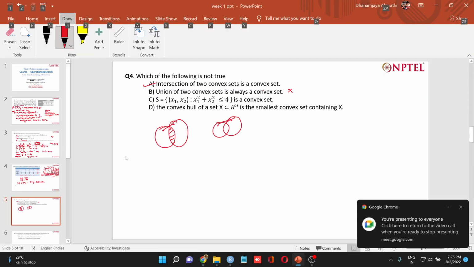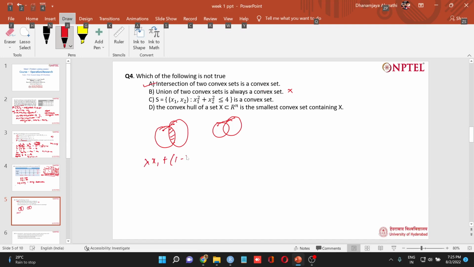There is a way: we take lambda times x1 plus 1 minus lambda times x2, and if these are also elements of this given set, then you can say that the set is a convex set. Here they had given x1 and x2, that is, the two-dimensional variables are bivariate.